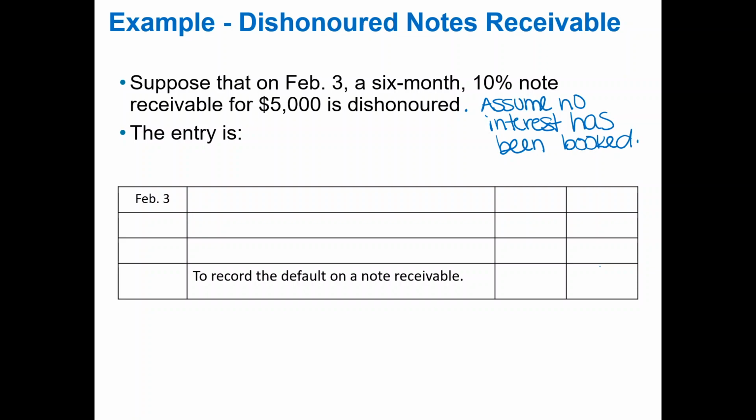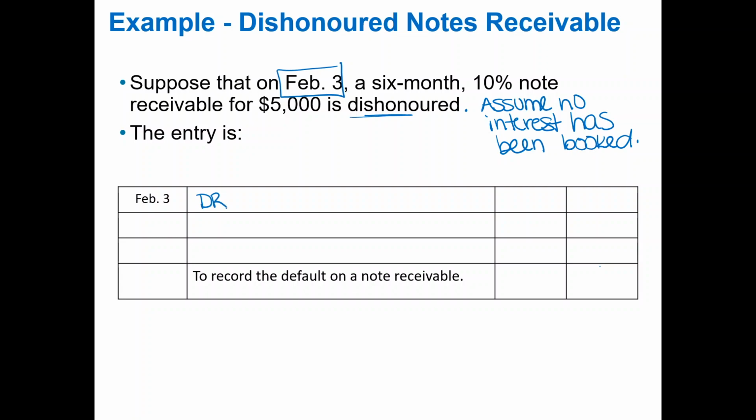So 6 months ago, when we took on this note receivable, we would have debited the note receivable, credit cash. For example, let's say we lent cash out. So now we get to February 3rd, and it's the maturity date. We're looking to collect this, but since it's dishonored, we weren't able to get that in cash.